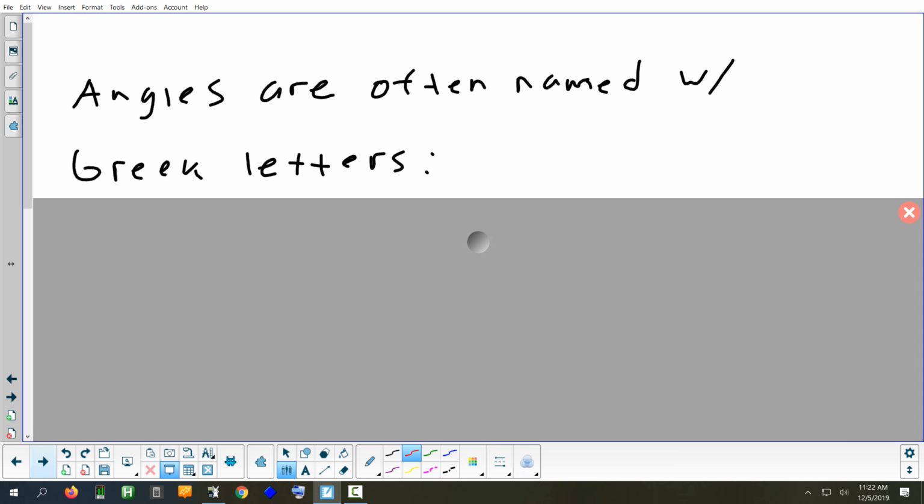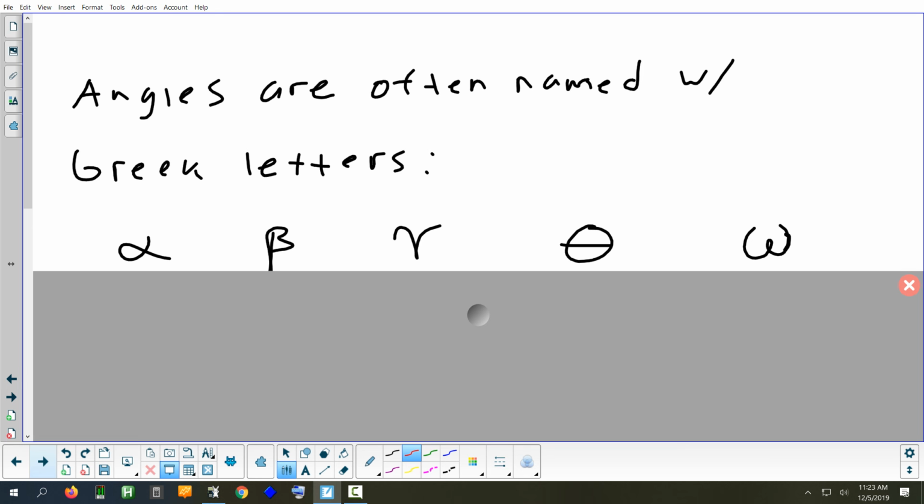So, when we don't know an angle in trig, we're going to give it a variable name. Well, in algebra, what letter is used as a variable a lot? Yeah, x. Y is also used a lot. Well, in trig, we don't use x and y when we're talking about an angle. We use Greek letters.